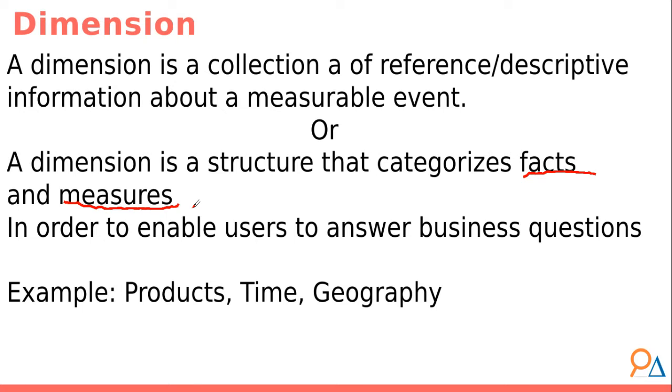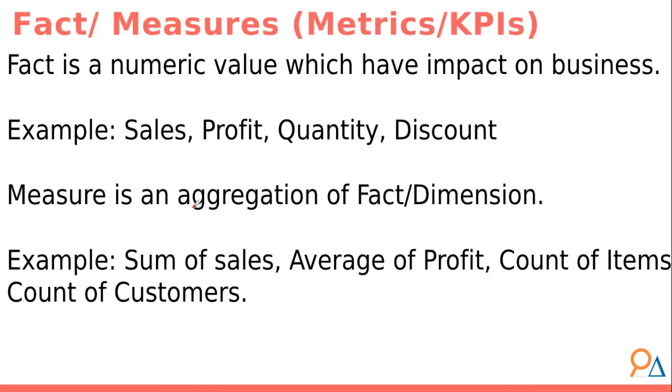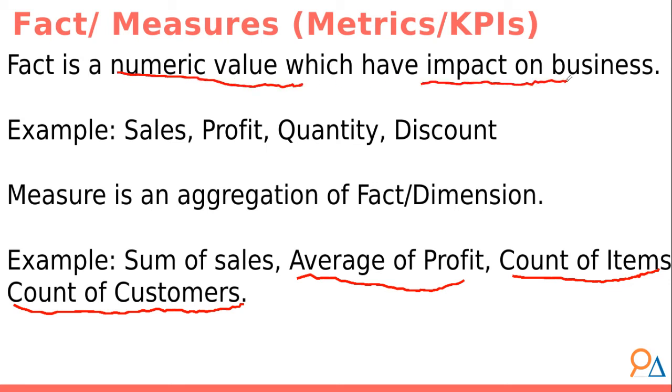What kind of business question is that? It's like this. How many sales I have? What is the average profit? See? Count of items and count of customers. So, in summary, fact is a numerical value which has impact on business.